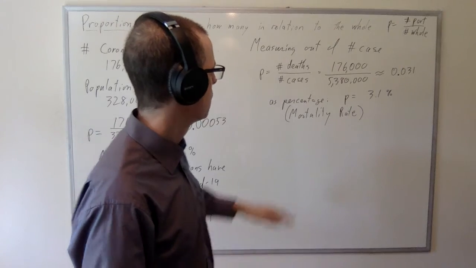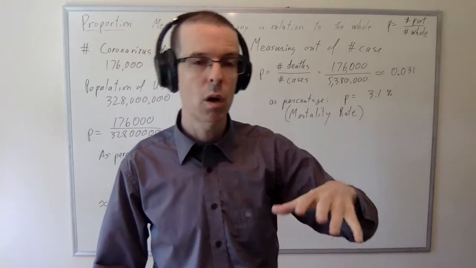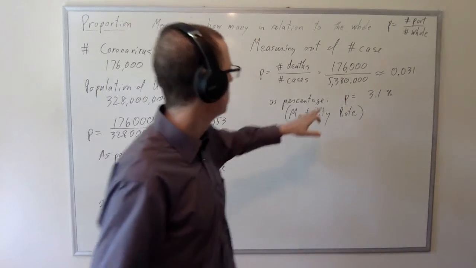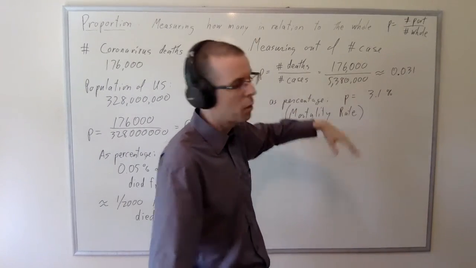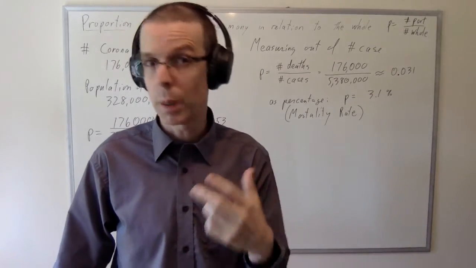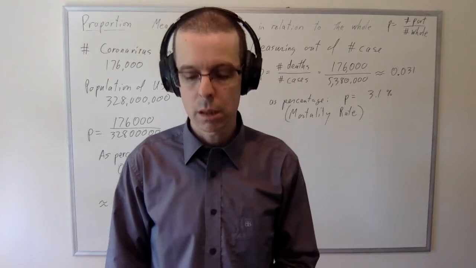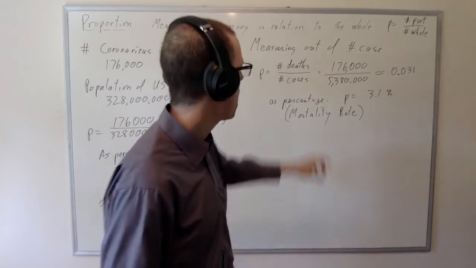Well, yes and no. You see, these 176,000 deaths from coronavirus are confirmed deaths, and this is a count on the number of confirmed cases. But the complexity with any disease, but especially this disease, is that there are many asymptomatic carriers, many asymptomatic cases. And they are not counted.